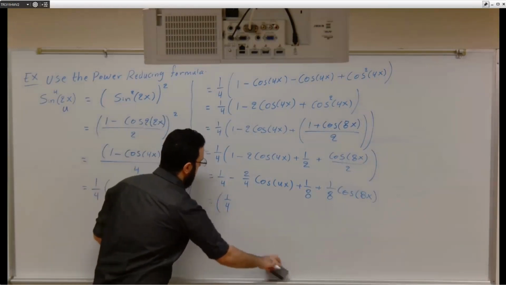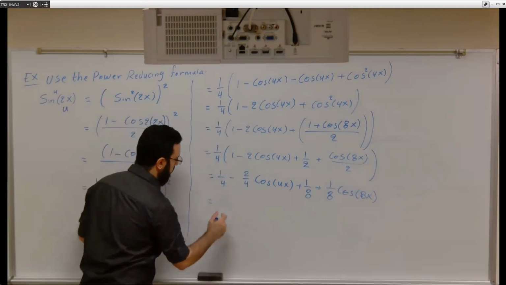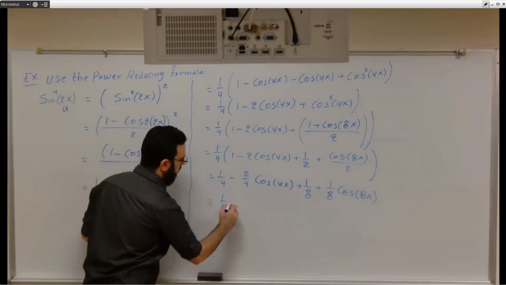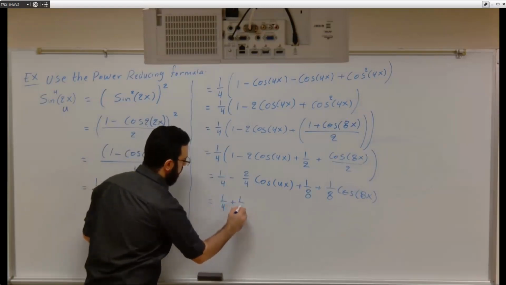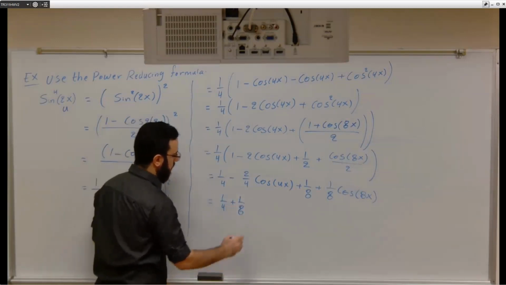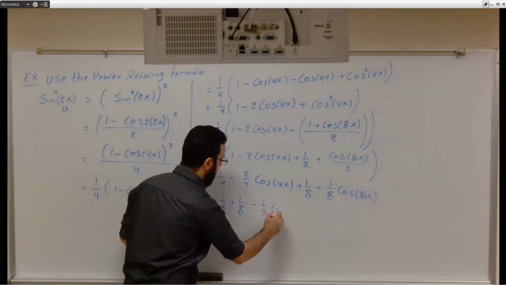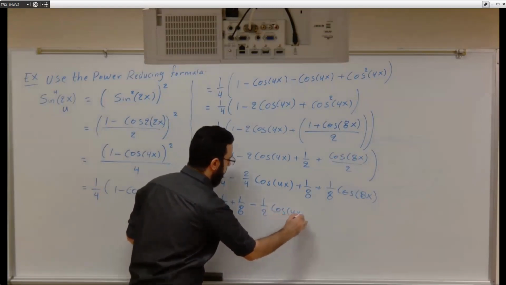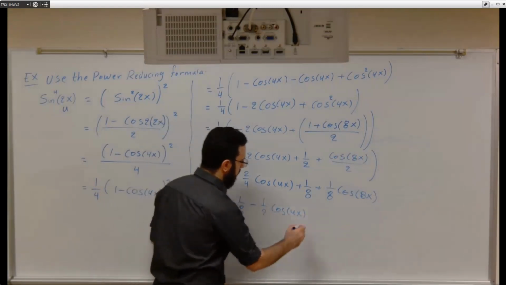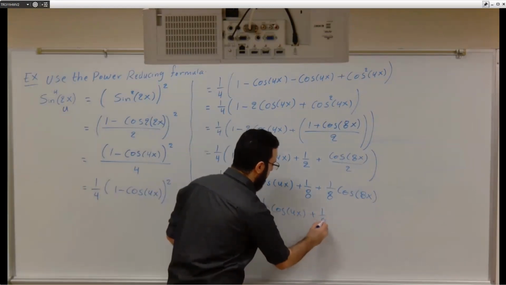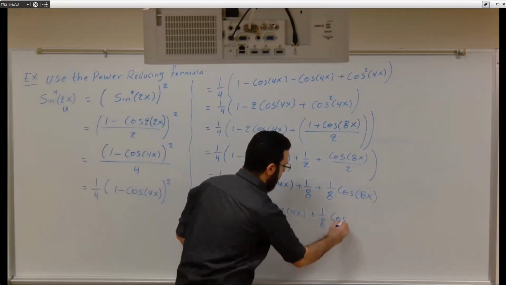I'm just going to write this down so you can know what I did. 1/4 plus 1/8, minus 1/2 cosine 4x, plus 1/8 cosine 8x.